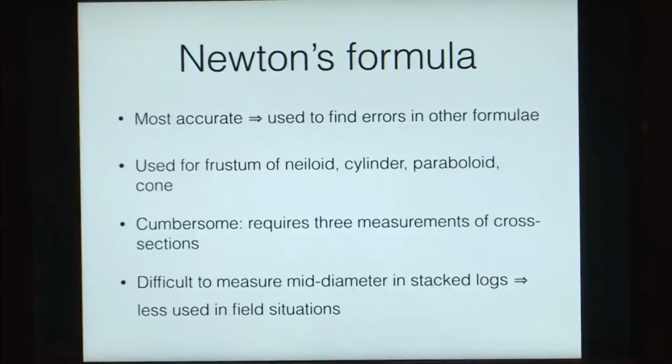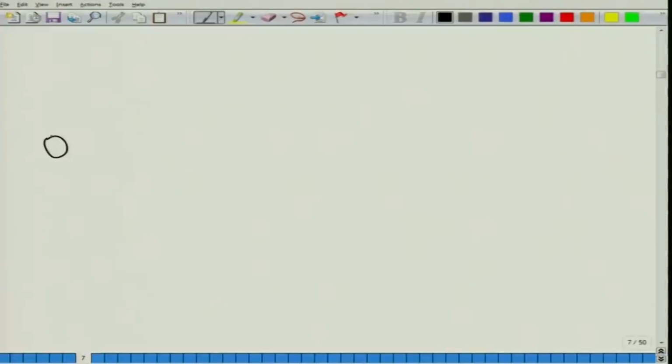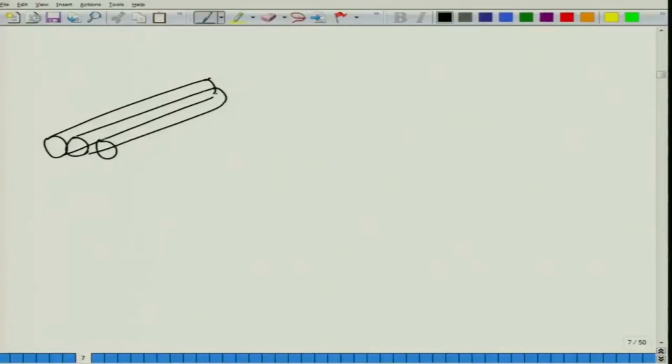And in case your logs are stacked, when we say stacked logs, we mean that this is your first log, then you have the second log in continuation, then you have your third log, then there is a log below this, then a log below these, and so on.